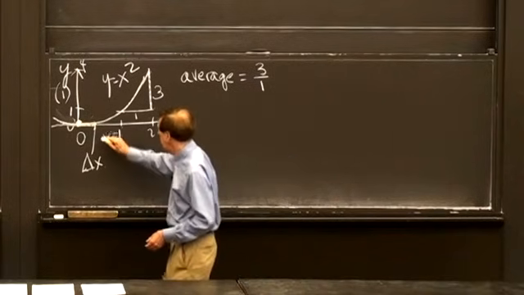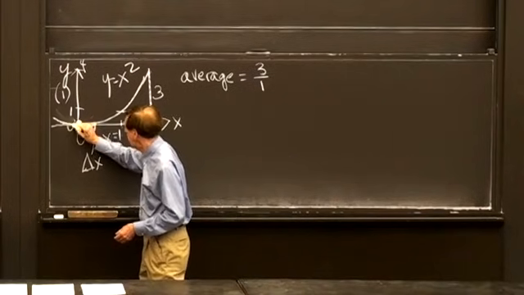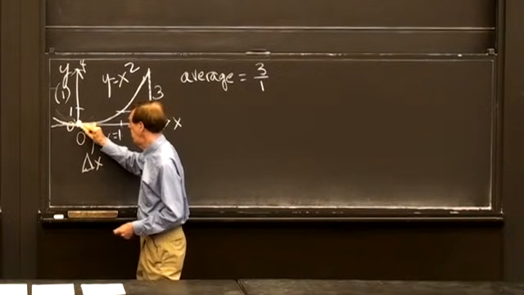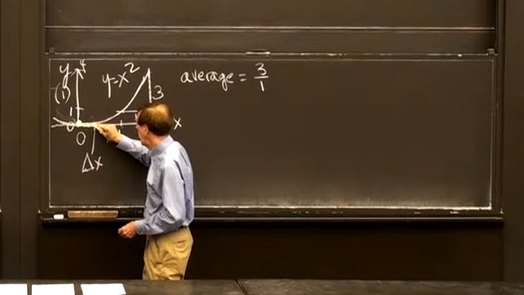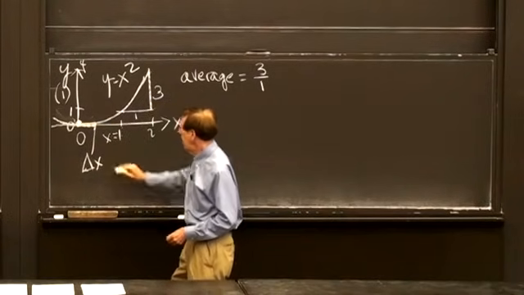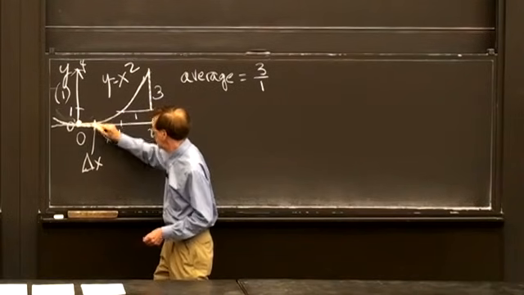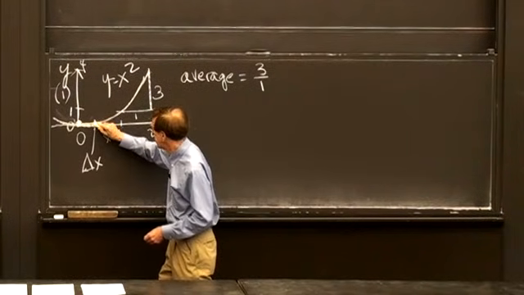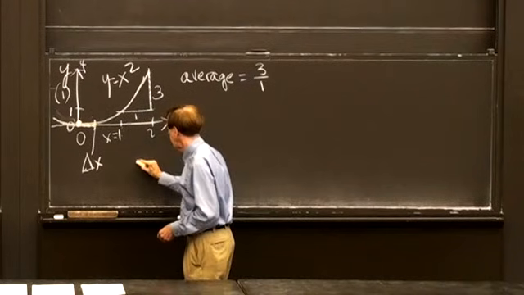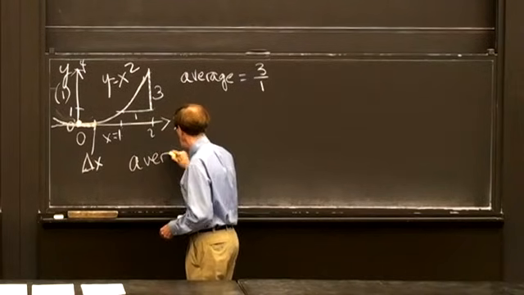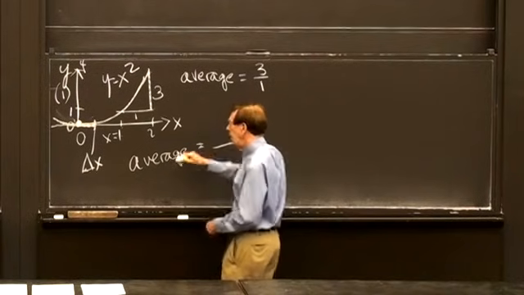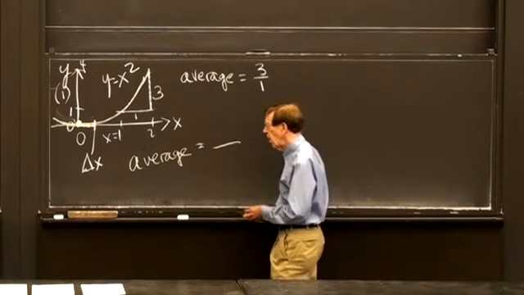And then, so what's the average? I'd like to find the average speed or average slope. If I go over by delta x, how high do I go up? Well, the curve is y equal x squared. So the average is up divided by across.